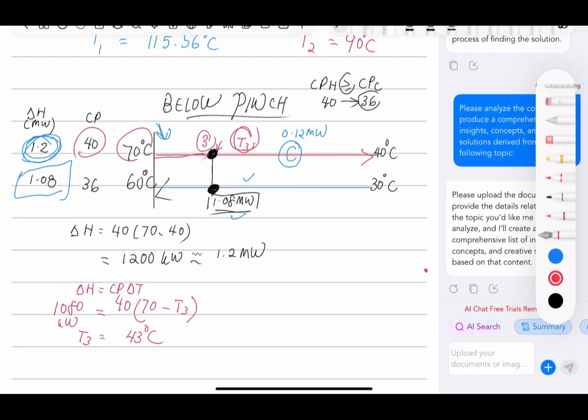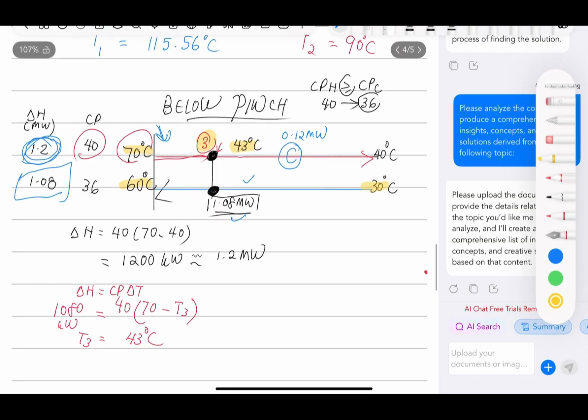So we're going to write the actual temperature here, which is equal to 43 degrees C. Okay, if you check the difference of temperature, so 70 minus 60 is 10. Okay, is delta T min, because our delta T min equal to 10, and then the outlet of this heat exchanger in a hot stream is 43, and the inlet is 30. So 43 minus 30 is 13, which is greater than delta T min 10. So that's correct.